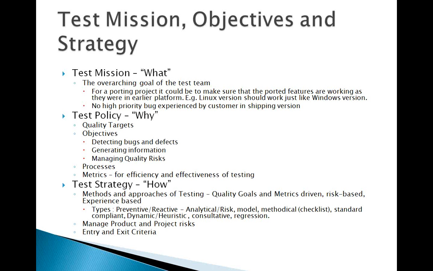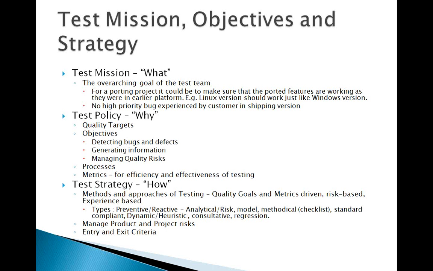Of course, it has to cover in detail the various risks, and the risks are primarily of two categories. One is a product risk, and another is a project risk. So product risk comes more from, let's say, bad quality of code that was written.